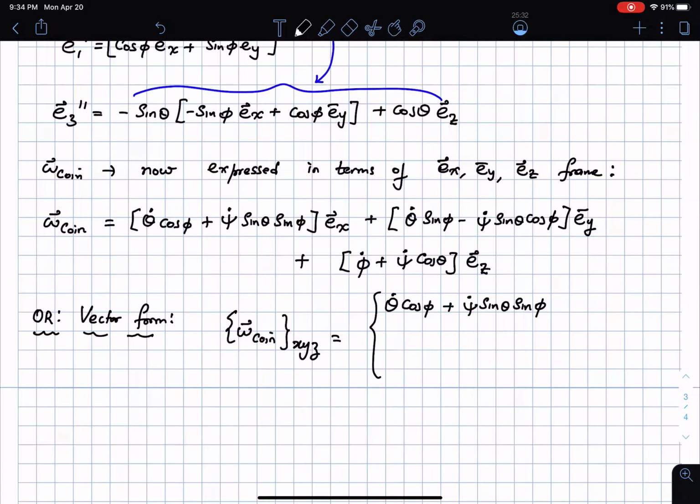Then it's going to have theta dot sin phi minus psi dot sin theta cos phi, and then the last one is going to be phi dot plus psi dot cos theta. These are the components along the Ex, Ey and Ez coordinate unit vectors, in the Ex, Ey and Ez frame.